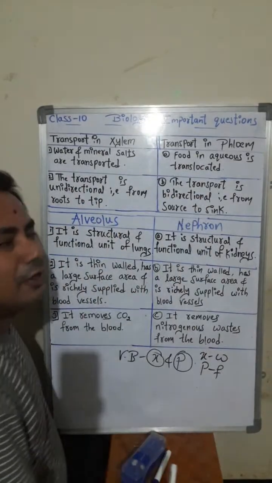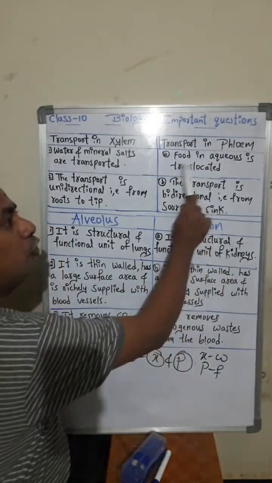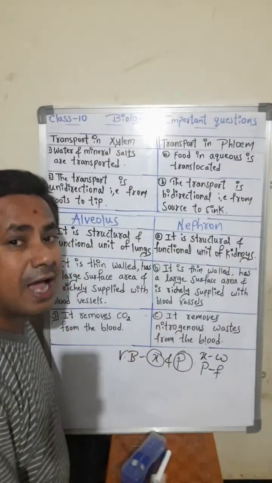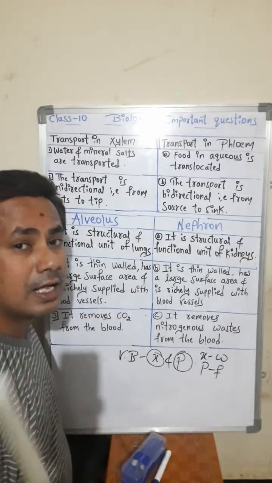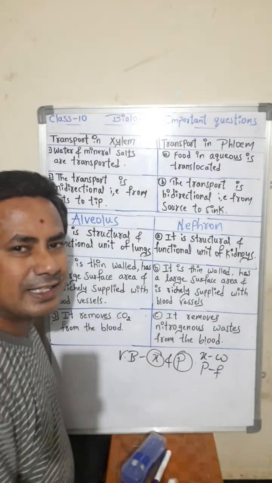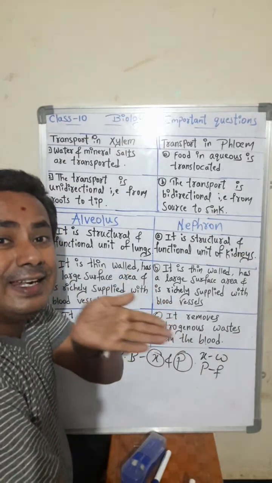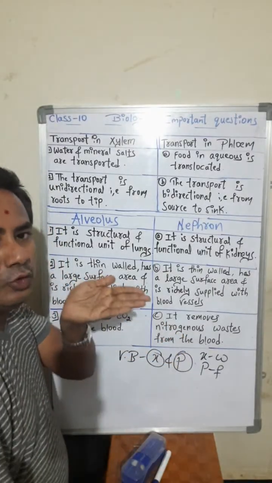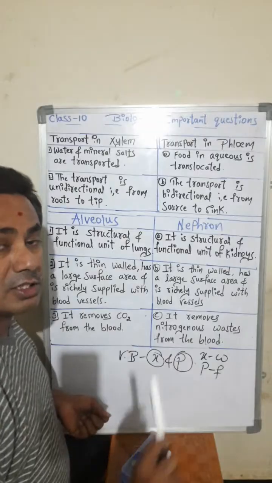Now transport in phloem. Food in aqueous form is translocated. In your examination they may ask a 1 mark question: define translocation. Translocation is nothing but the food prepared in the leaf being sent to all the different parts.